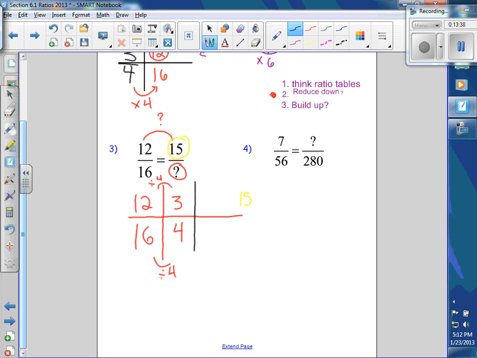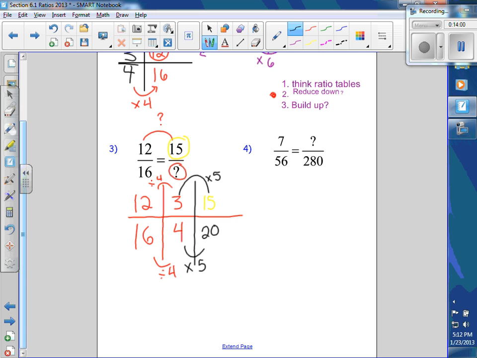Well, I look at my ratio table on my second step and I ask myself, can I get to 15 yet? And in this case, I can. I can multiply 3 by 5 to get my 15, which is my goal. So that means I just need to do the same thing in the denominator and multiply 4 by 5, which gives me 20.